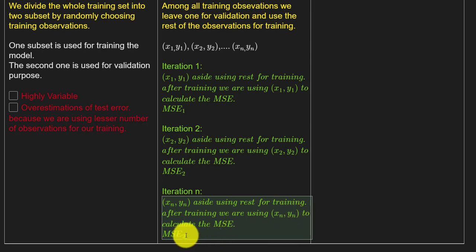Suppose it is MSE n. So we have a total of n MSE values. Now we'll just take the average of those MSE values to calculate the final MSE value.